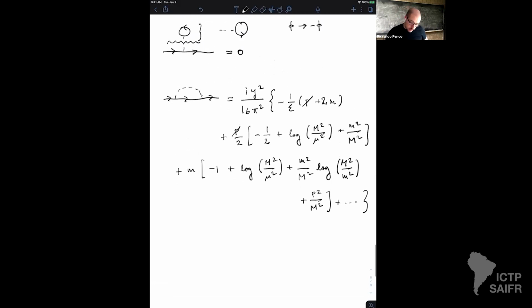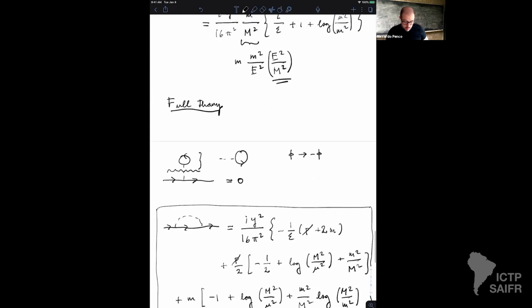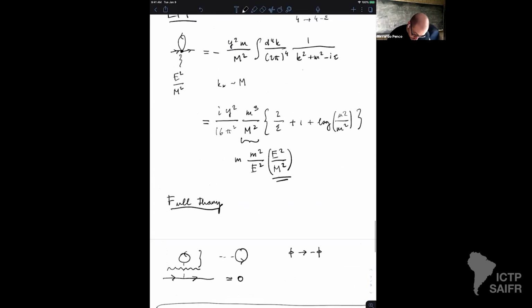Okay. So now, because the first diagram vanishes, this is really the only loop correction we have to consider to the 2-point function of fermions in the full theory. Okay, and obviously, this looks different from what we got in our effective theory.